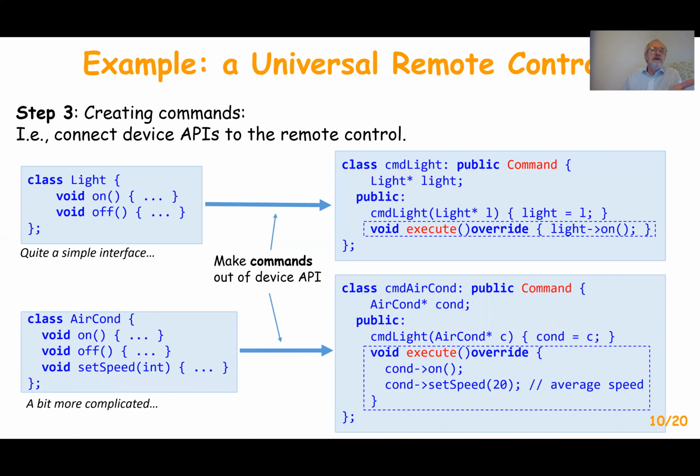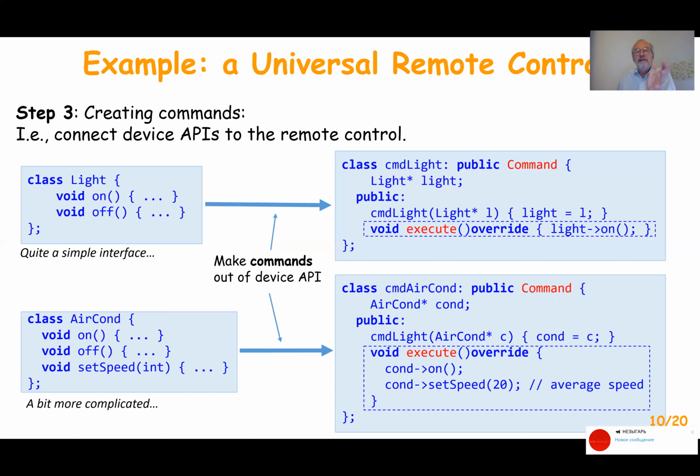So I've written the set speed interface function. Of course, in reality, there are many more interface elements in air conditioning, for example, warming or cooling, etc. But just for illustrating the idea behind the common pattern, I demonstrate the reduced version of this interface.